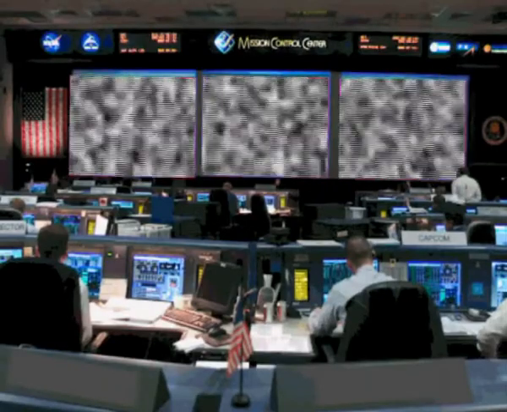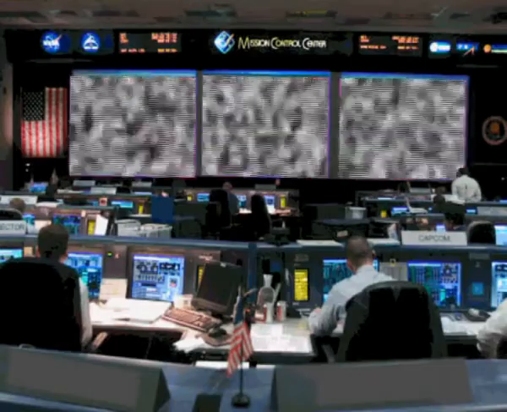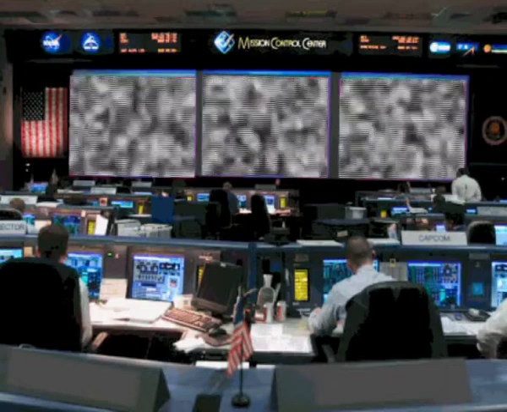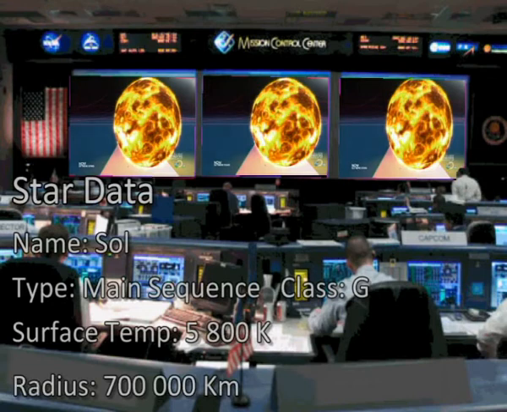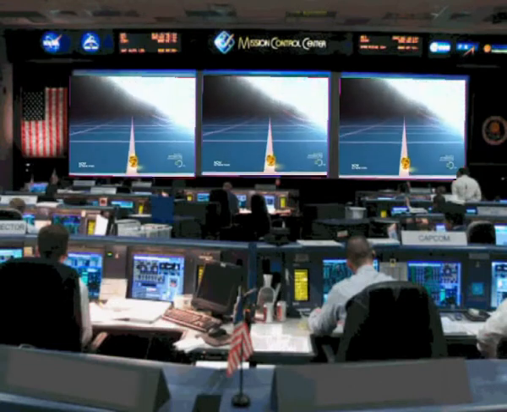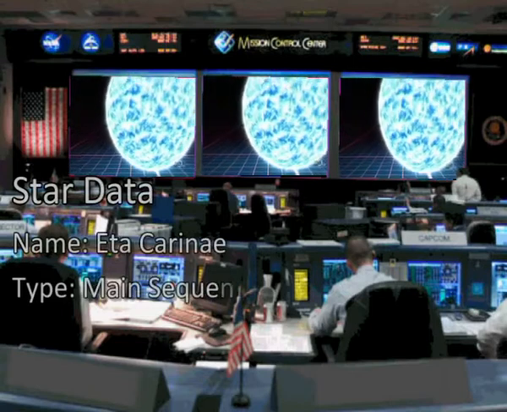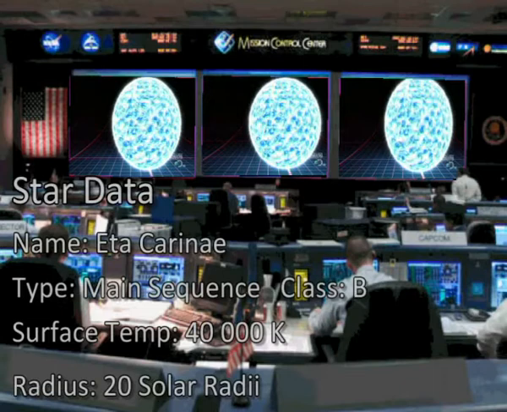Since star death is determined by its size, we must ask, how much do stars actually differ in size, and why do these differences occur? Our Sun is tiny compared to the really big stars out there. Eta Carinae, over 5 million times larger than our Sun.